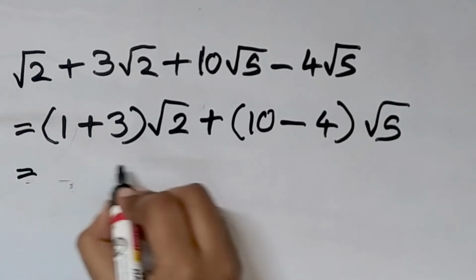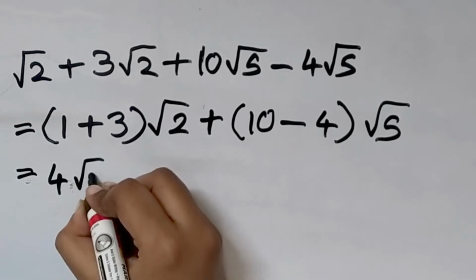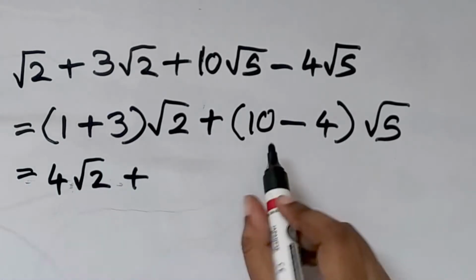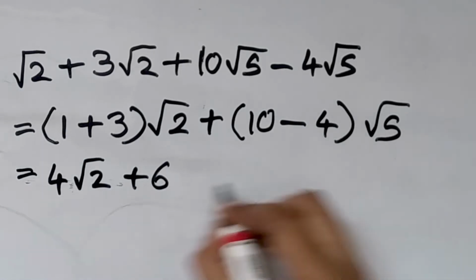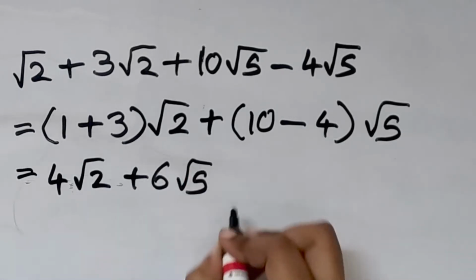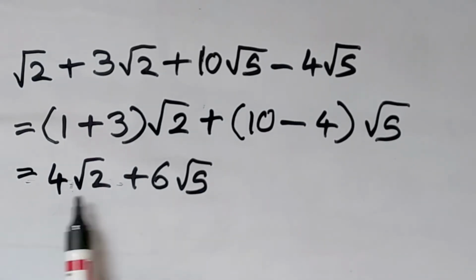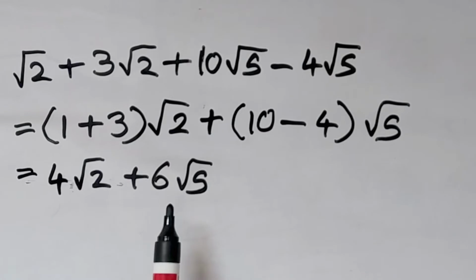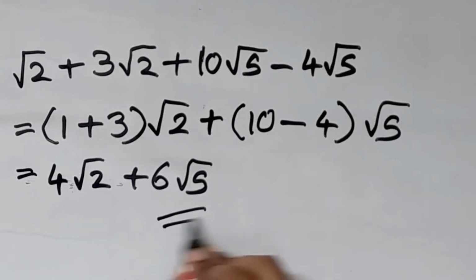Which is equal to 1 plus 3 is 4 into root 2 plus 10 minus 4 is 6 into root 5. Now we cannot add these because these two are not like surds, they are unlike surds, so we cannot add further. So this is the final answer.